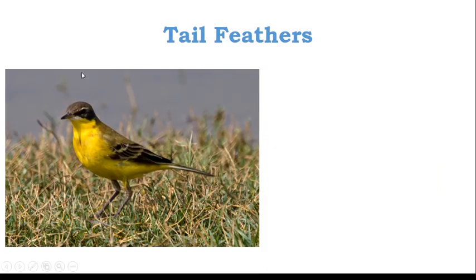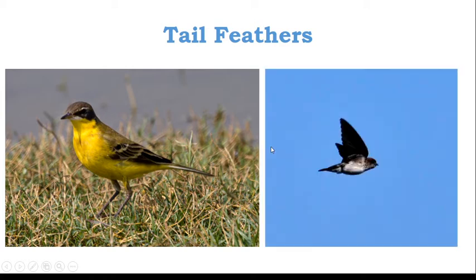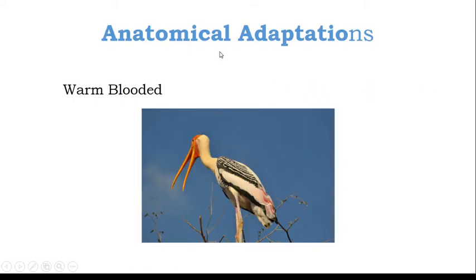This is the tail feather. These are the wing feathers. This is the body feathers, and this is the tail feather. The tail feather assists in steering while flying.